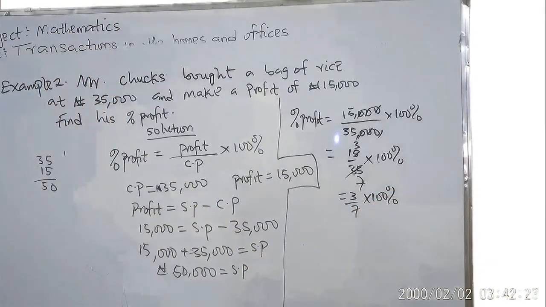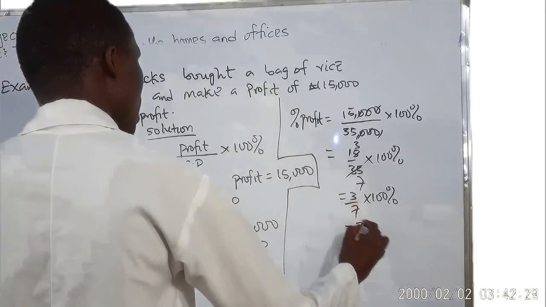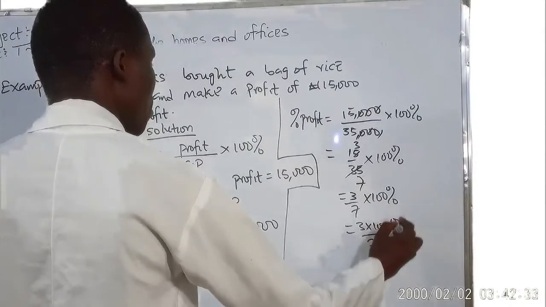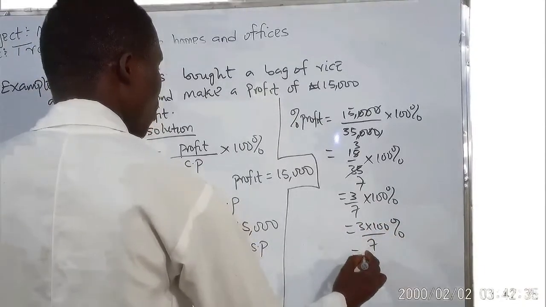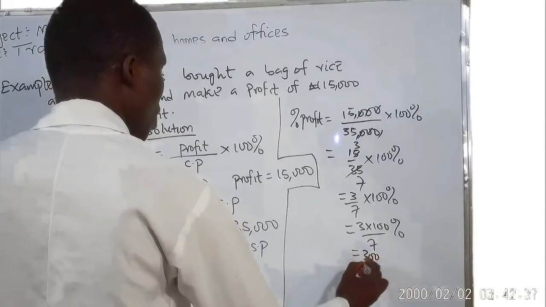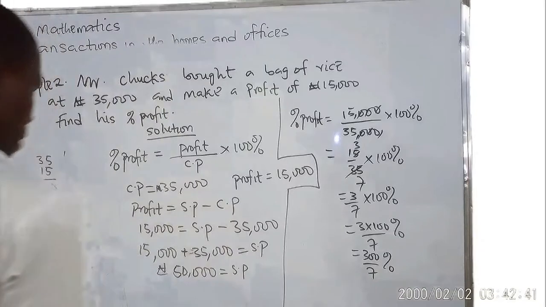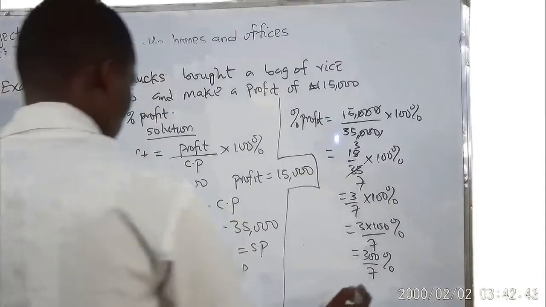100%. Now, for you to divide this, you can say 3 times 100 all over 7. This will give us 300 all over 7. Now, you need to think.